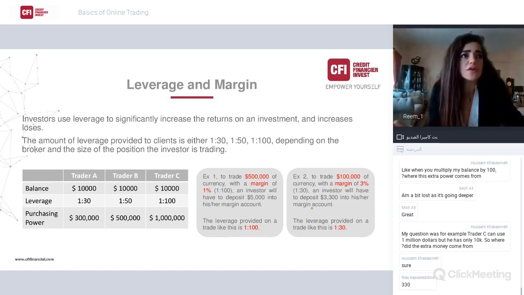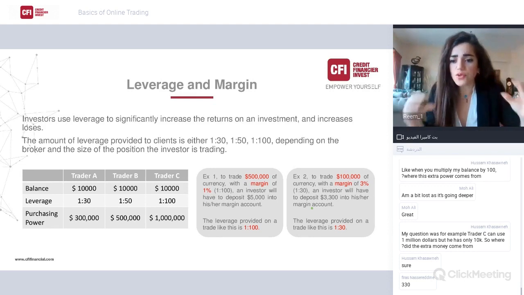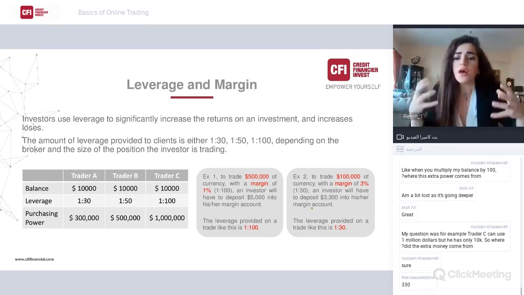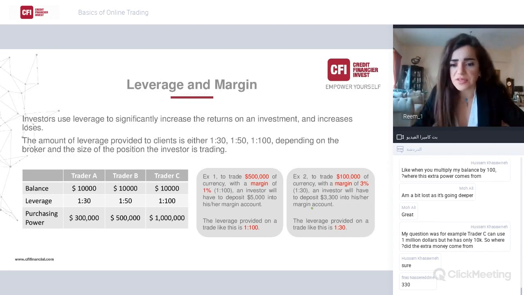So 3 standard lots, I have almost 10,000 locked on the side. I still have 40,000. I'm safe. I'm almost on 20% margin from my balance. So I'm safe, okay? That's what you need to keep in your head. Try to keep your free margin bulky, because this is the one that will protect you against the price movements. Okay, guys, did you get this?